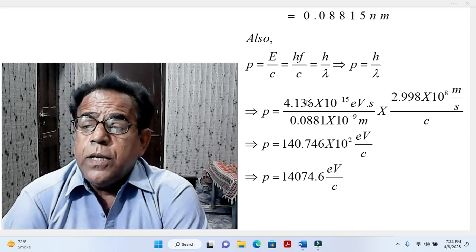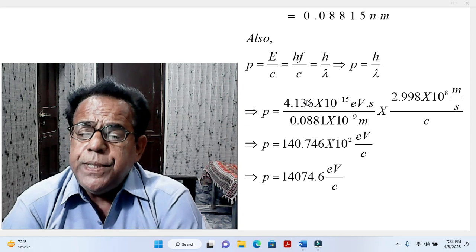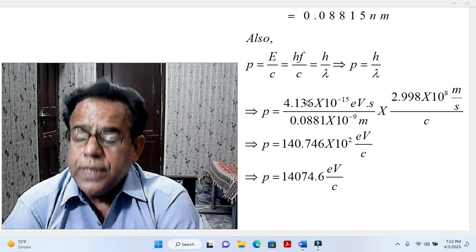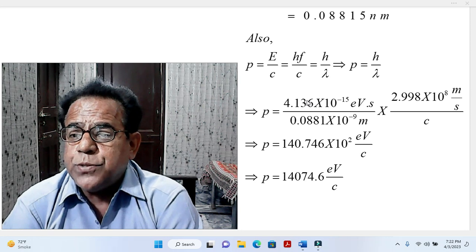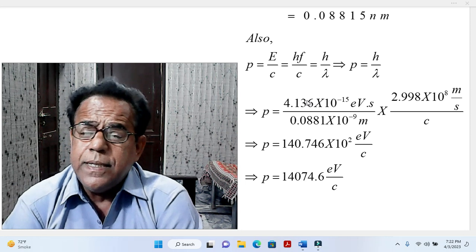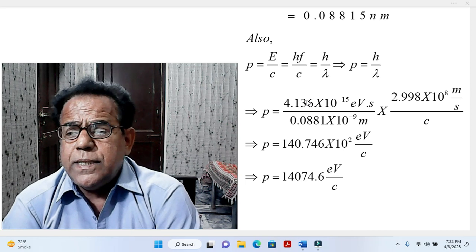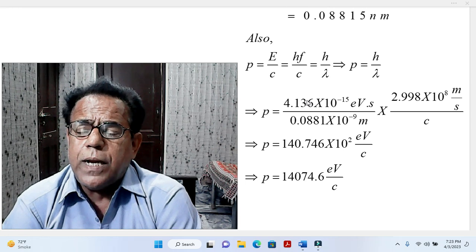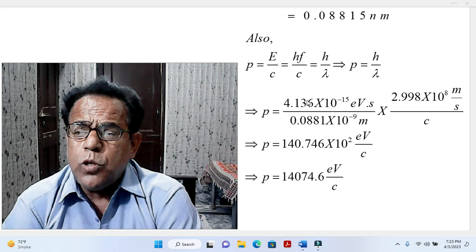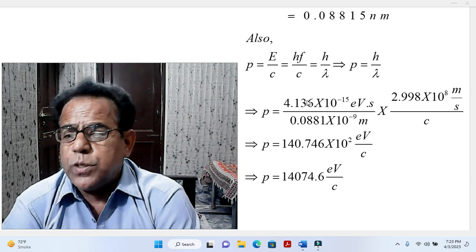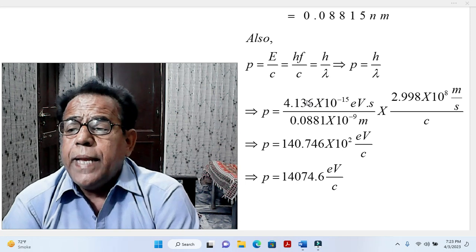So now also P is equal to E over C. This alternatively becomes equal to HF over C. This alternatively becomes equal to H over lambda, because we know that frequency and wavelength are inversely proportional with the involvement of the speed of light c. So F is equal to C over lambda and lambda is equal to C over F. This implies that P is equal to H over lambda.